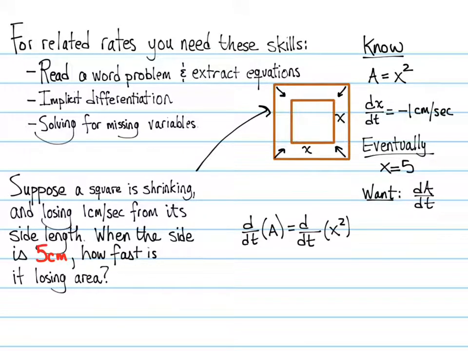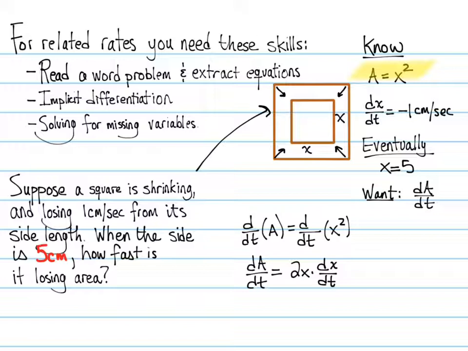Well, if we take the equation A equals x squared up here at the top, and we take the derivative of both sides with respect to t, the left side becomes dA/dt, which is what we want, and the right side becomes d/dt of x squared, and d/dt of x squared is simply 2x dx/dt.